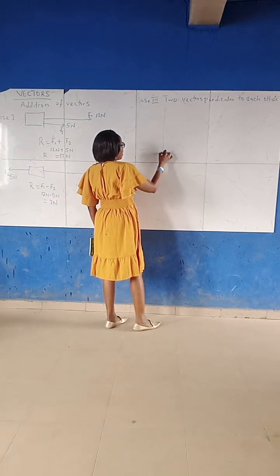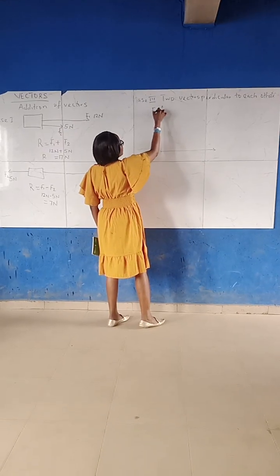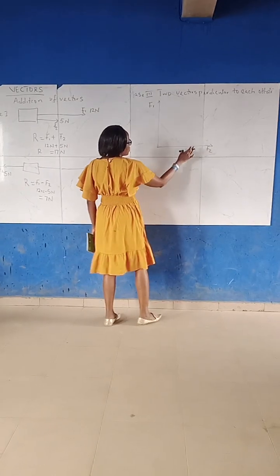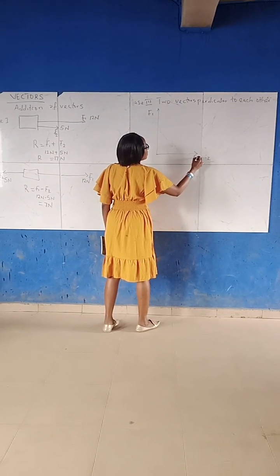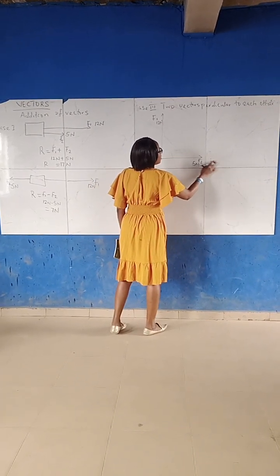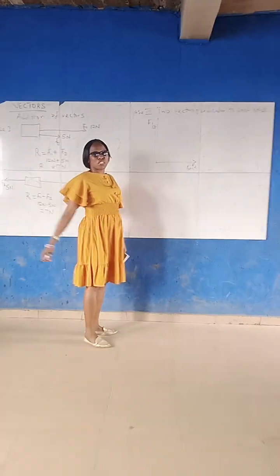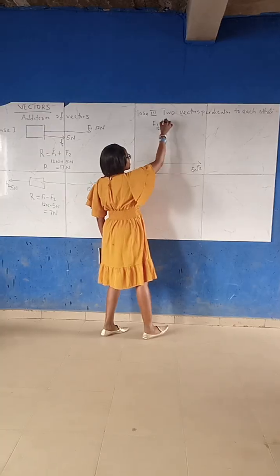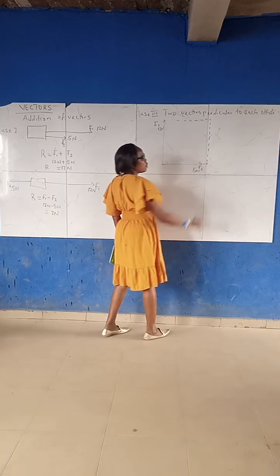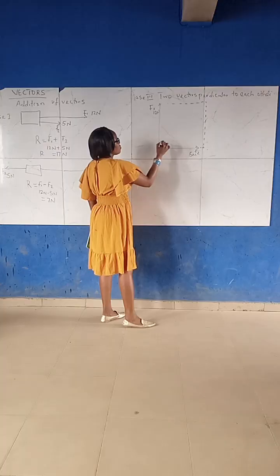Let's assume this is the first vector, and this is our F2, 12 Newton, then 5 Newton, at right angles to one another. Now, to find the resultant of these vectors, we are going to complete this diagram, and this is going to give me a rectangle at 90 degrees.